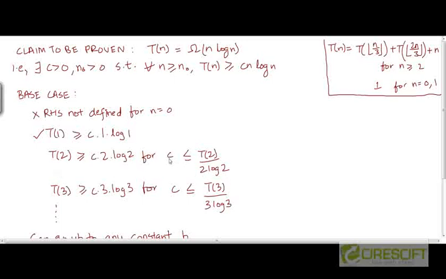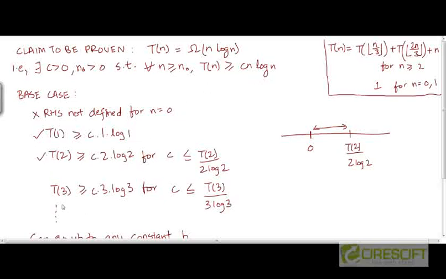So if we choose a value of c that's positive, of course, but less than this constant, whatever it is, then the claim will be true for n equal to 2.